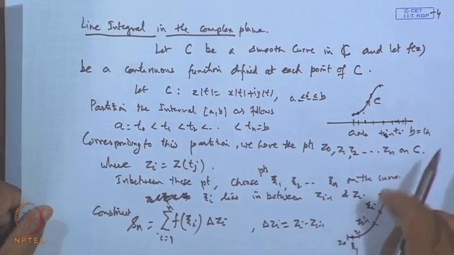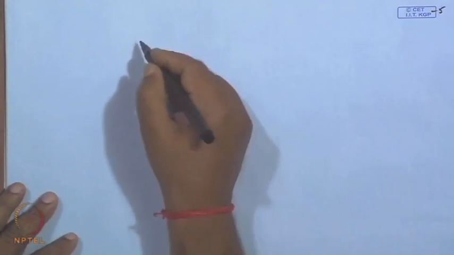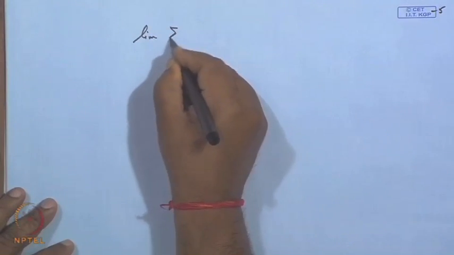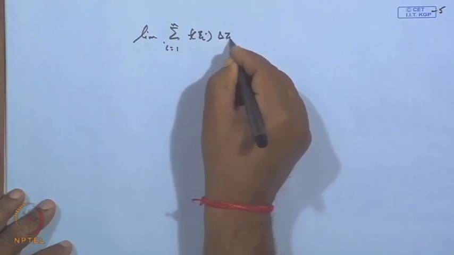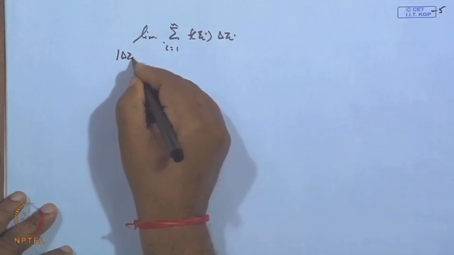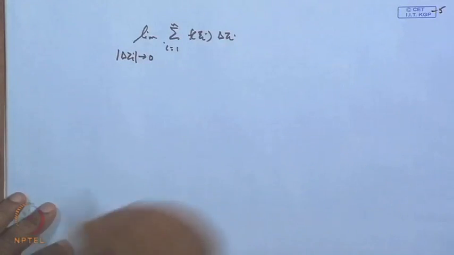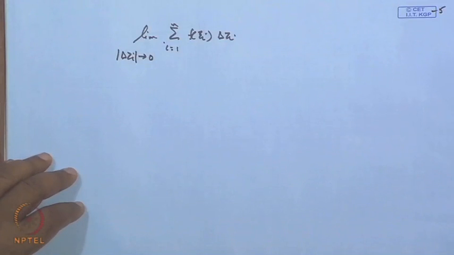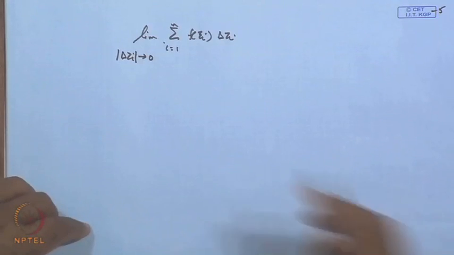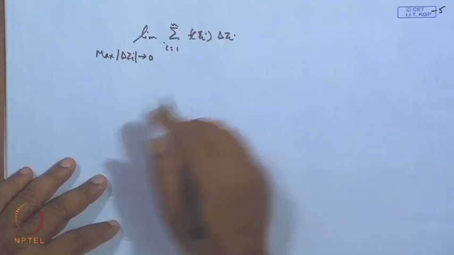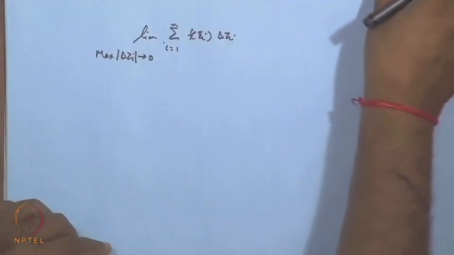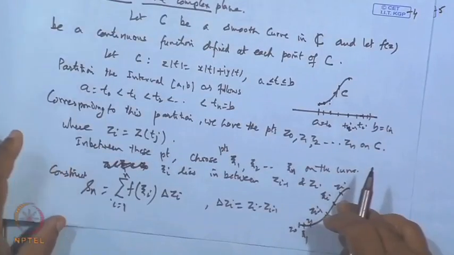In that case, all the points are almost close to each other. So, take the limit of the sum from i = 1 to n of f(ζᵢ)Δzᵢ.